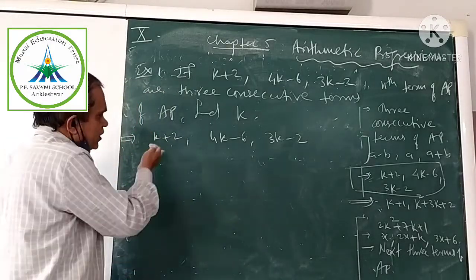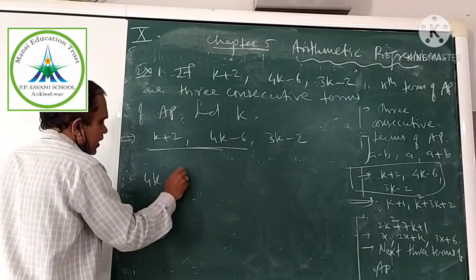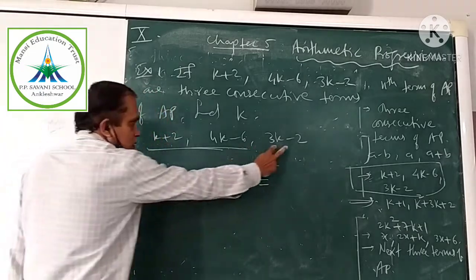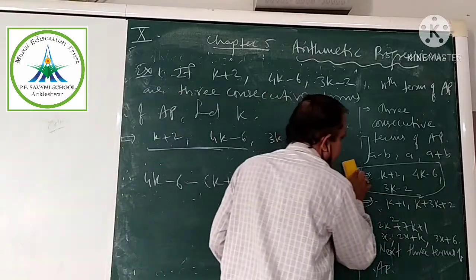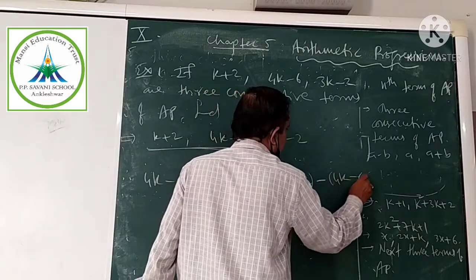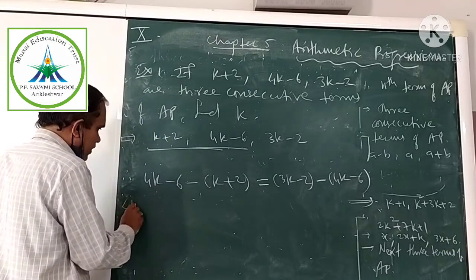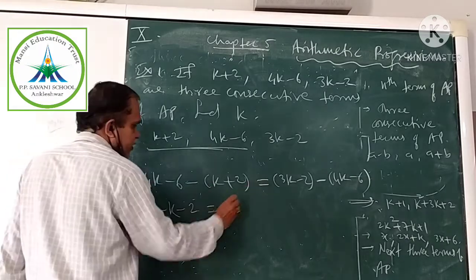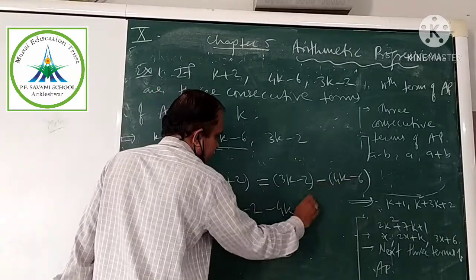Now we know that if there are 3 consecutive terms, then we get this. Therefore, (4K minus 6) minus (K plus 2) is equal to (3K minus 2) minus (4K minus 6). Okay. Now see children, just open the bracket. 4K minus 6 minus K minus 2 equal to 3K minus 2 minus 4K plus 6.